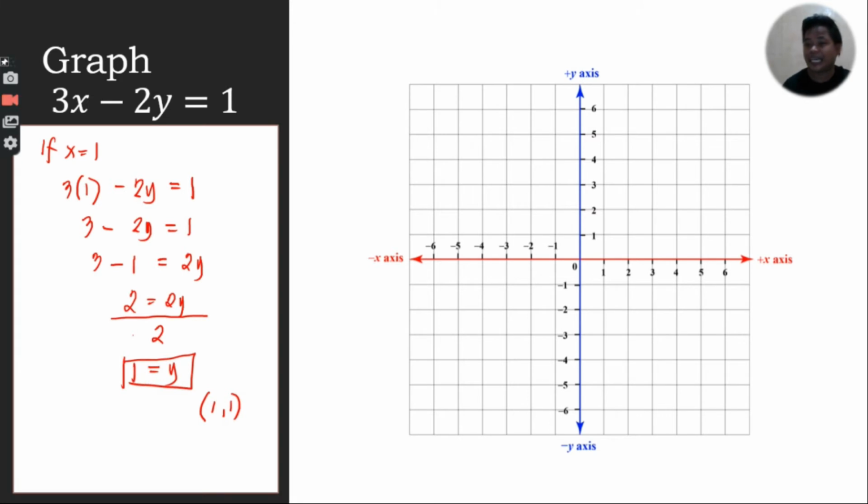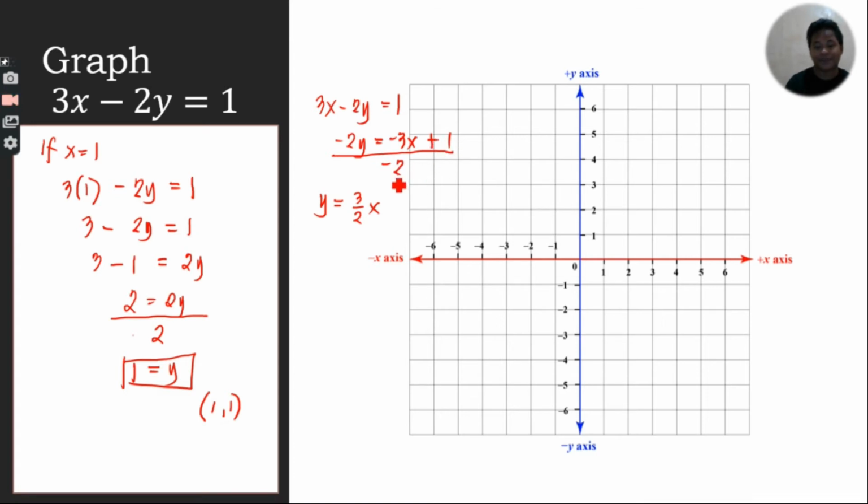If we have already a point, we can now use the slope. So let's find now the slope of this line. 3x minus 2y is equal to 1. So negative 2y is equal to negative 3x plus 1. Dividing all the terms by negative 2, therefore, we have y is equal to negative divided by negative is positive 3 over 2 x.